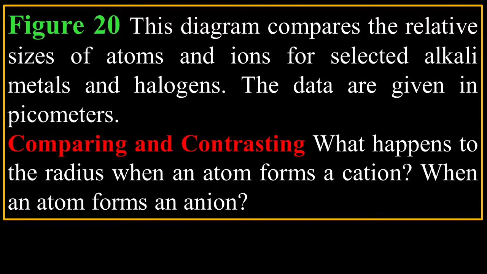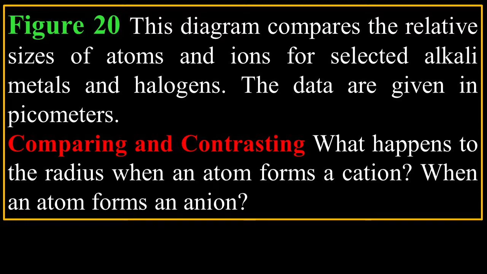Figure 20 compares the relative sizes of atoms and ions for selected alkali metals and halogens. The data are given in picometers, comparing and contrasting what happens to the radius when an atom forms a cation and when an atom forms an anion.